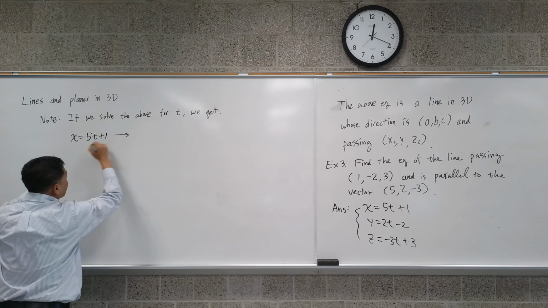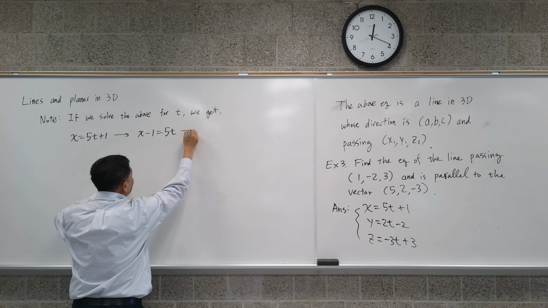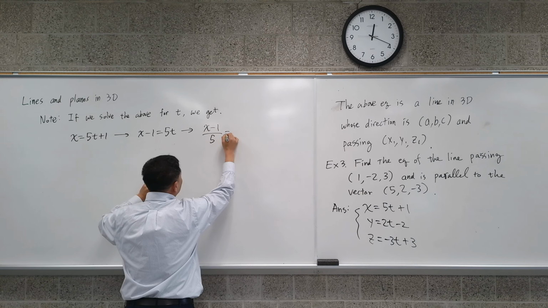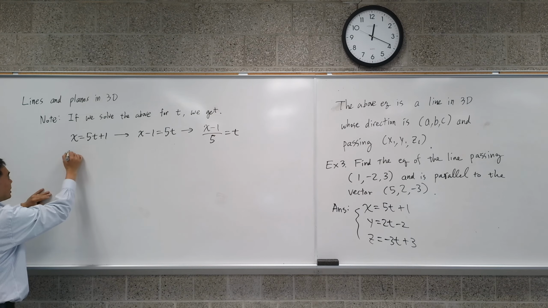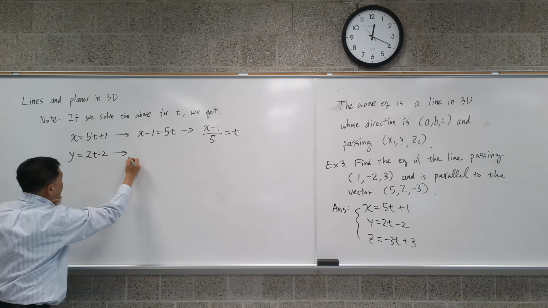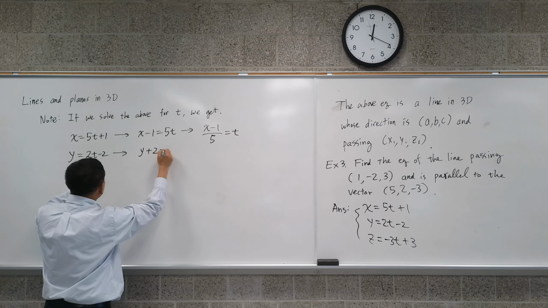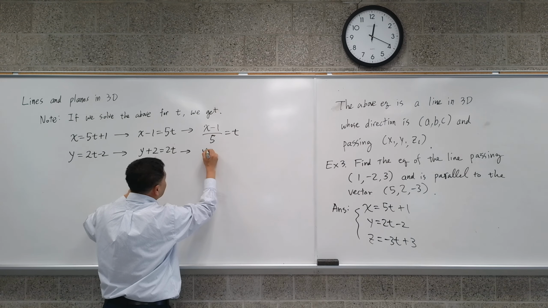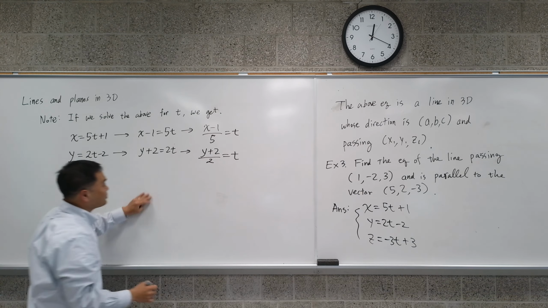We can subtract 1 from both sides, and then divide by 5, and you get (x minus 1) over 5 equals t. Okay, y equals 2t minus 2. So if I add 2 to both sides, I get y plus 2 equals 2t. Divide both sides by 2, you get (y plus 2) over 2 equals t.